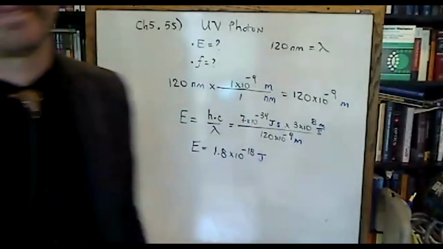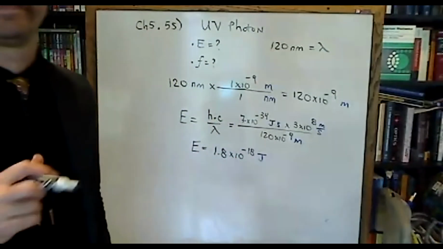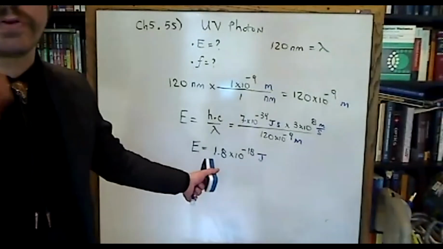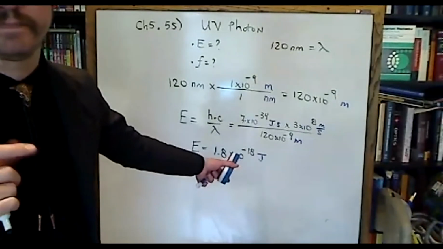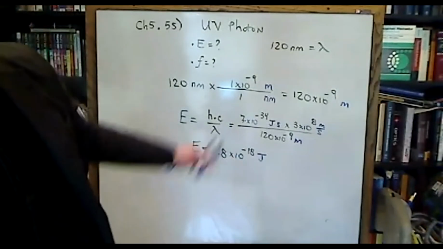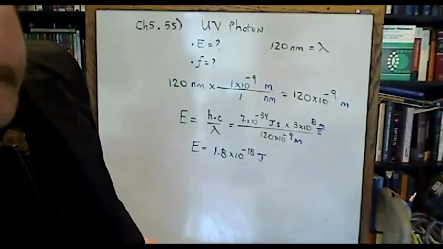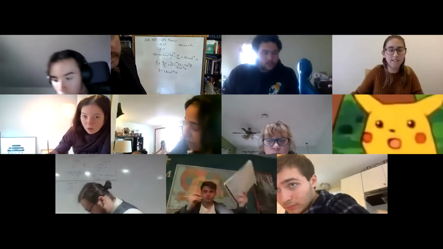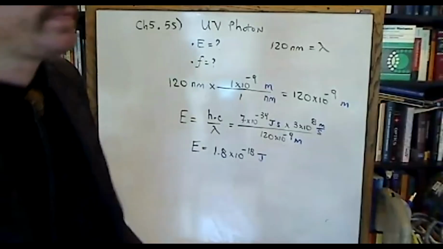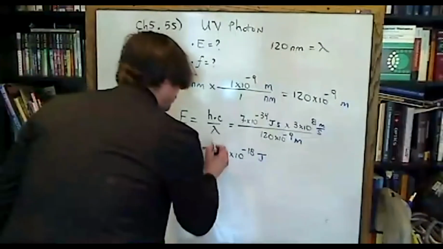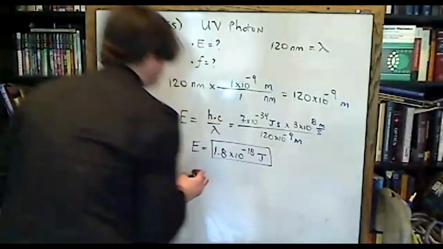We're always rounding. But Chrissy, you agree with the power of 10? Yeah, that's what I got. All right, then I like it. Put a box around it, that's a classy move.